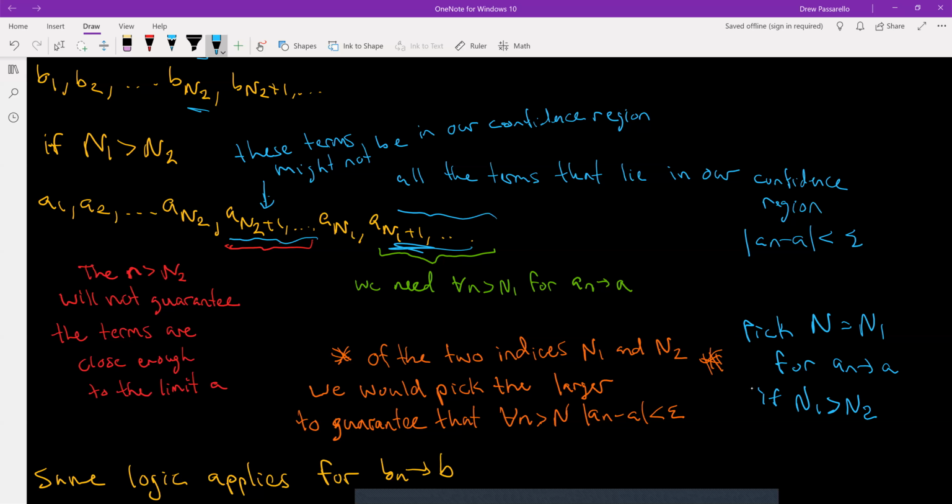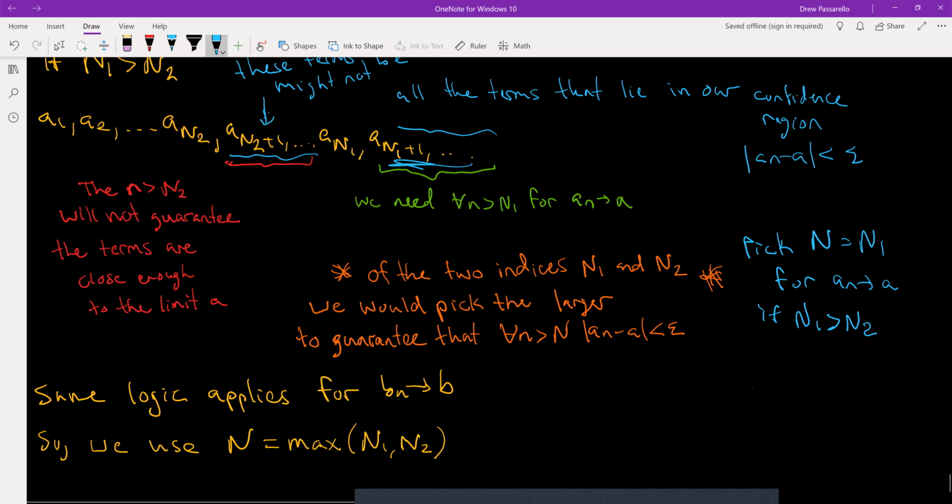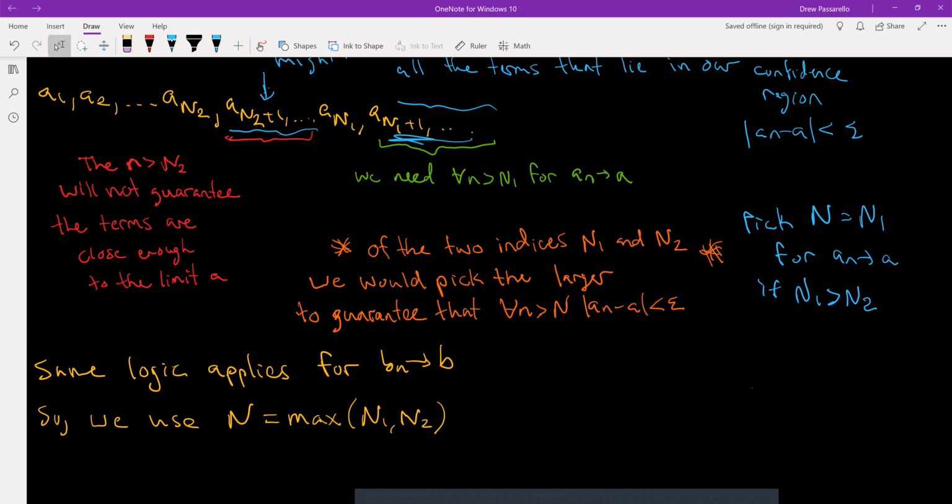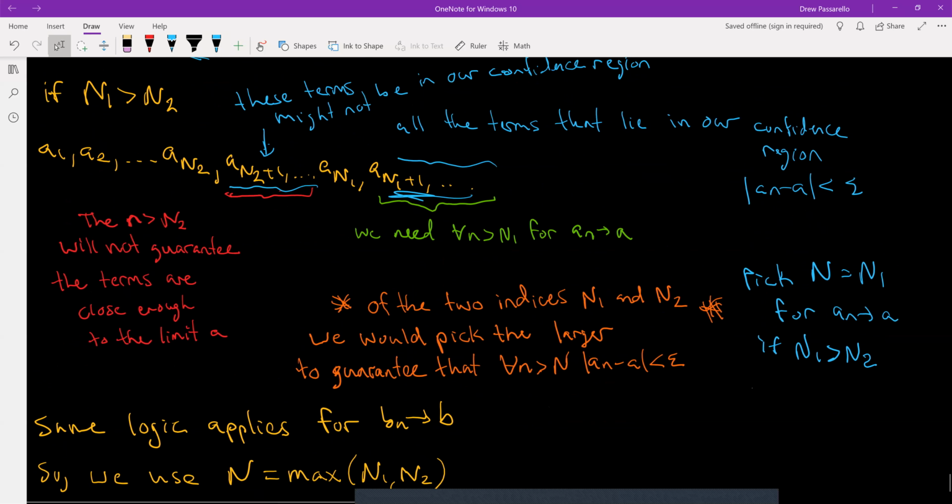But whatever the bigger index is, the same logic is going to apply for Bn converges to B. So whichever of the two values, n1 and n2, we would pick the larger one so that we're guaranteed that no matter what terms we pick beyond that index value, we're in our confidence regions for both of the sequences, as far as an converges to A and Bn converges to B. So I hope that makes sense.